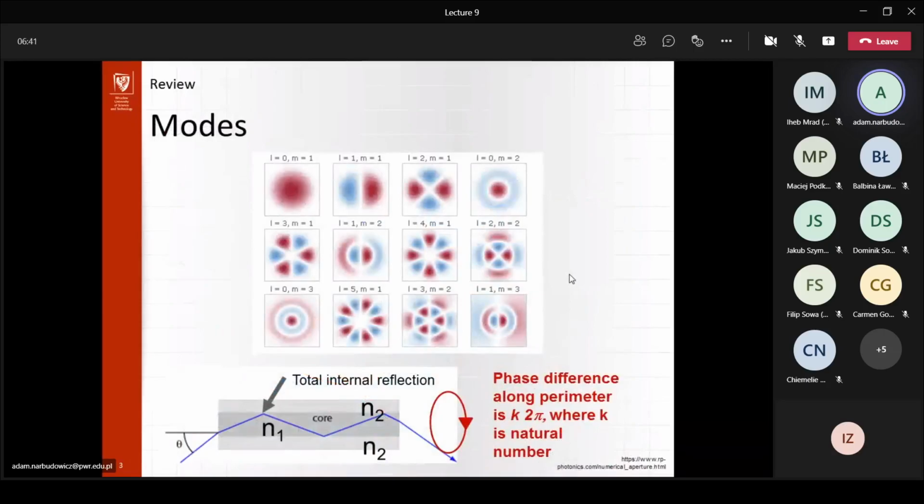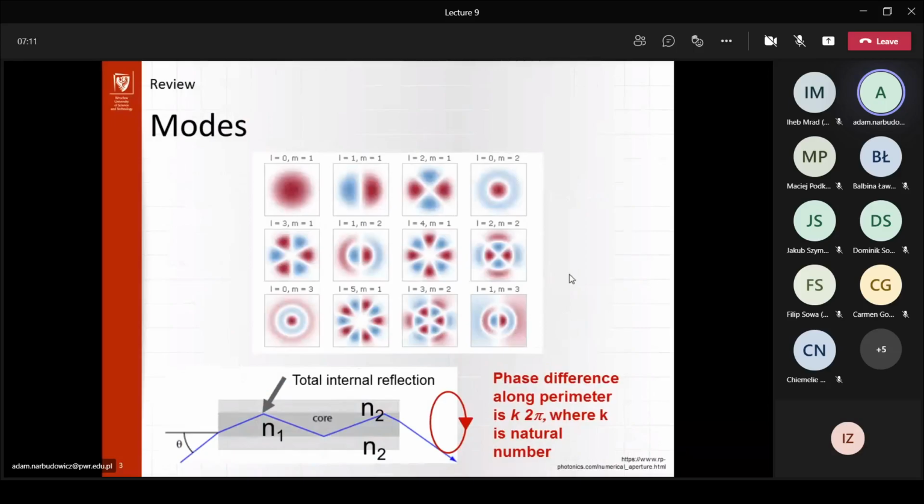Okay, then we discussed in general the concept of modes, and we talked about that in the context of optical fibers. However, a point I wanted to make is that modes is a very generic concept in pretty much any case when we deal with electromagnetic fields or Maxwell equations in any region that is basically bounded by something.